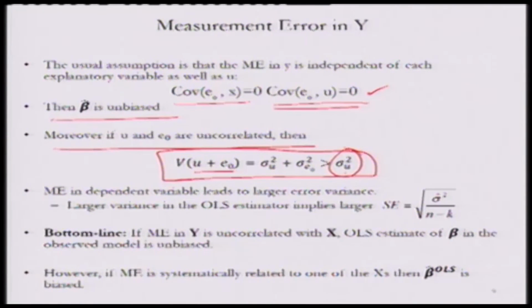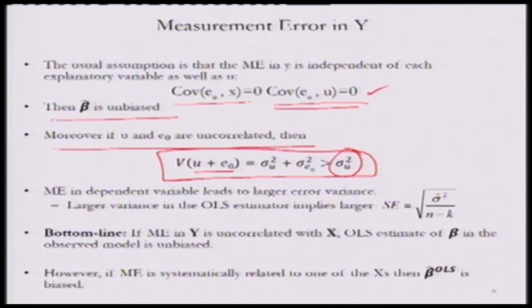Okay. So, what this means in summation is that if measurement error is in y and it is uncorrelated with x, then the OLS estimate of beta in the observed model is unbiased. What we only have is that the standard error is higher in the case that there is a measurement error in y.